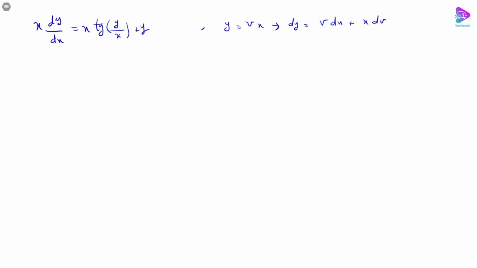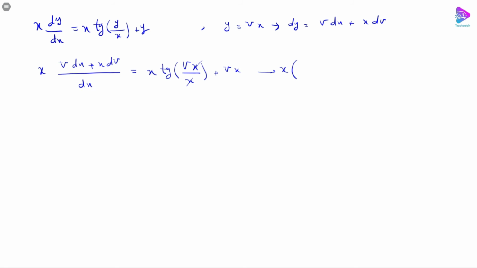Alright, so we can just substitute now. x times v dx plus x dv over dx is equal to x tangent of vx over x plus vx, correct? So here I'm gonna cancel out that one, and I'm gonna factor x on the other side.